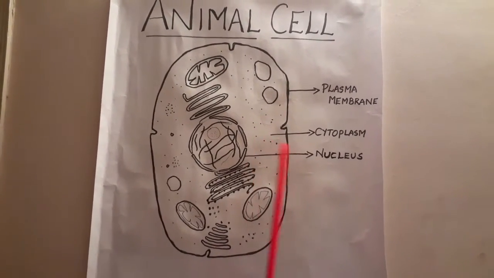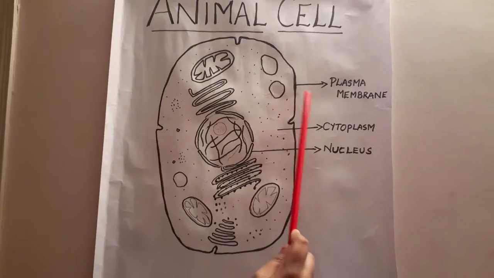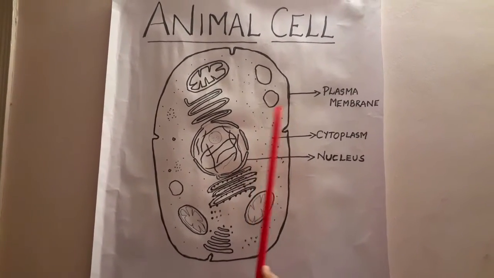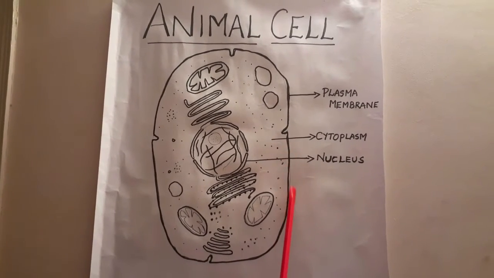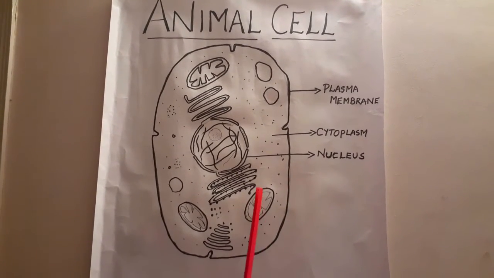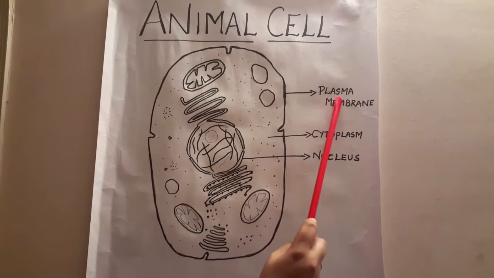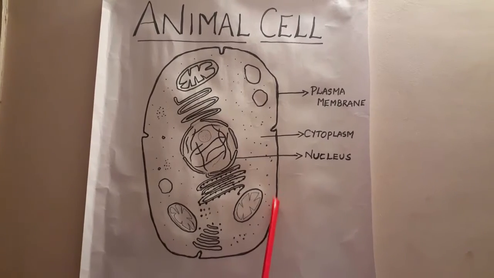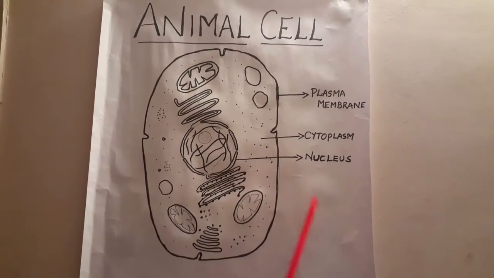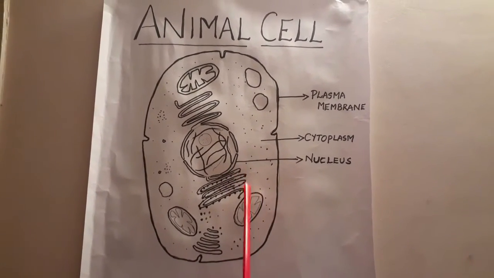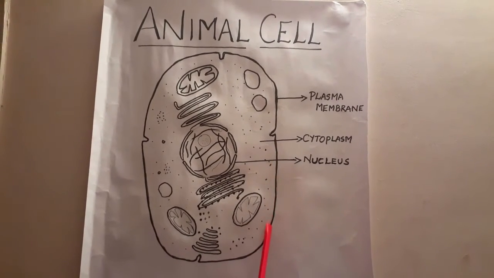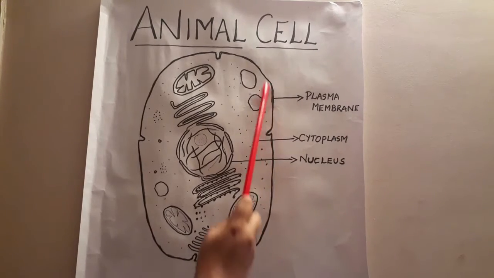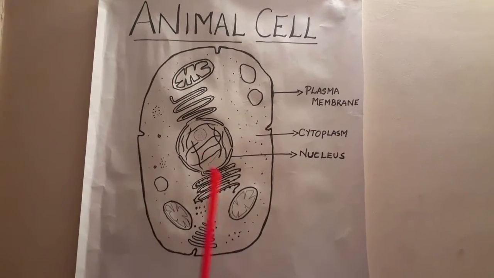For entry and exit, it will not allow everything to get inside and everything to go outside. So it is selectively permeable. One of the main features of the plasma membrane is that it is selectively permeable. It will not allow all things to get inside and all things to exit. This is the outermost covering of a cell.